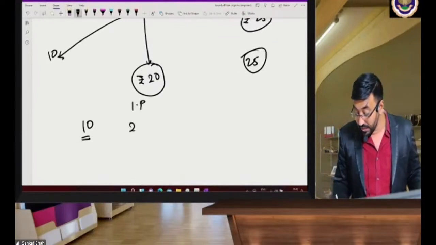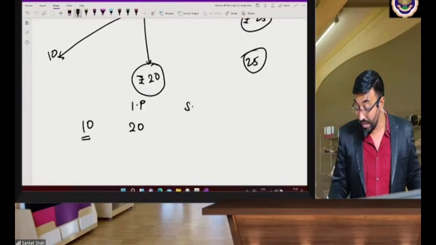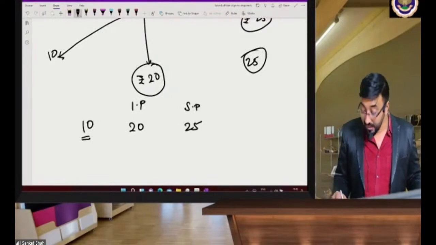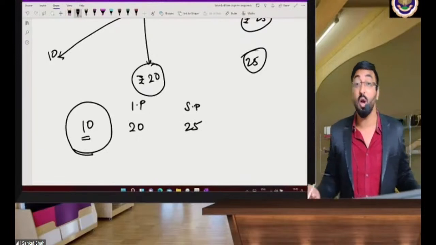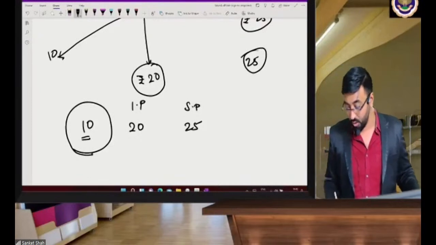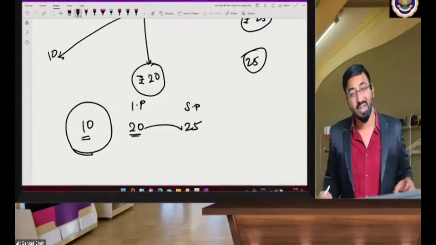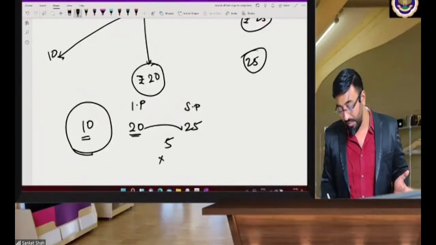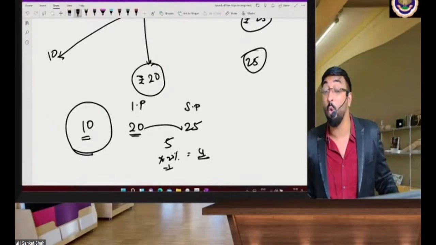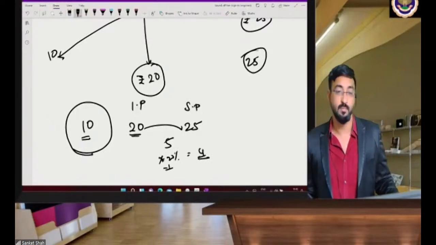My invoice price is 20 and my selling price is rupees 25. But the consignee is unaware of this 10 rupees cost. He thinks the cost is only 20. It's okay. If I'm getting my commission of 20% also, sir is earning 4 rupees and I'm earning 1 rupee. So he's not aware about the original cost.